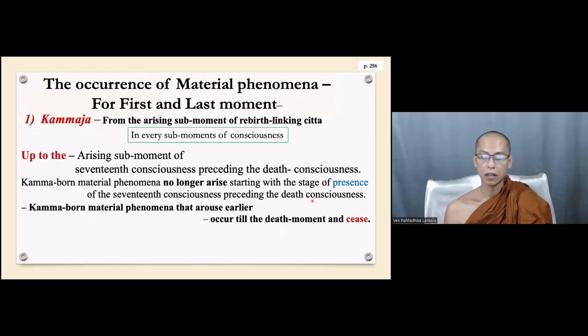Now, in chapter 4, we have already studied the lifespan of materiality, 17 mind moments. If we divide it into sub-moments, 51 sub-moments. So the materiality that arises at the arising sub-moment of the 17th consciousness preceding the death consciousness continues through its lifespan, and they cease together with the dissolution sub-moment of death consciousness.